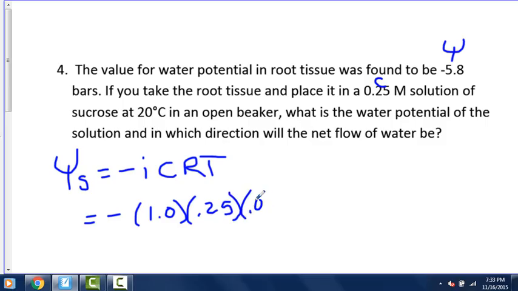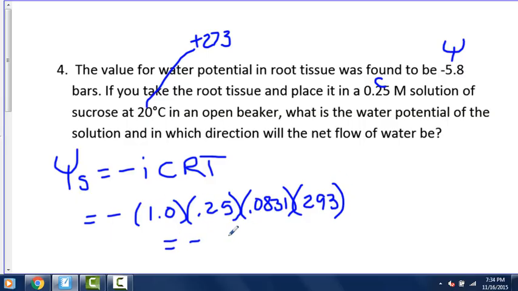R is a constant, 0.0831. And T is the temperature. So if this is 20, you've got to add 273 to have it be Kelvin. So that's 293. So I'm going to plug all that into my calculator, and I get negative 6.09.